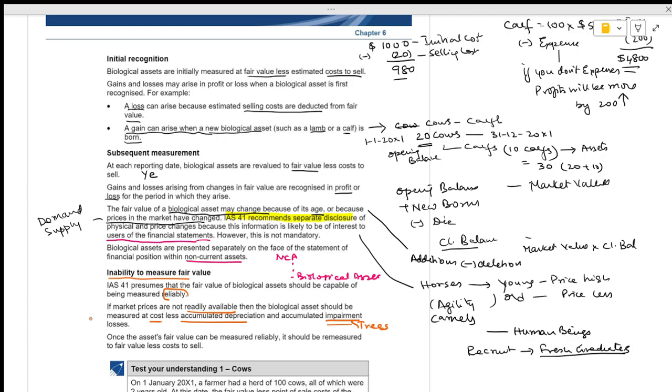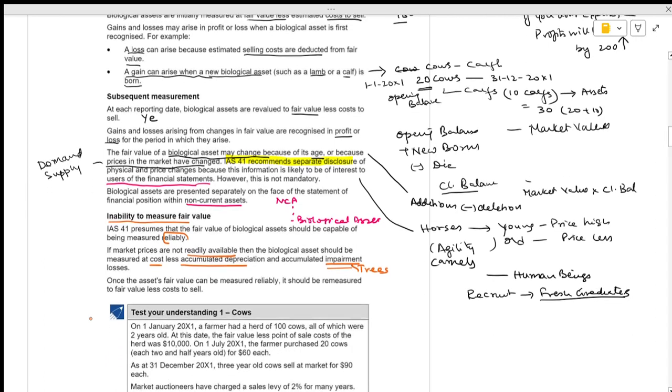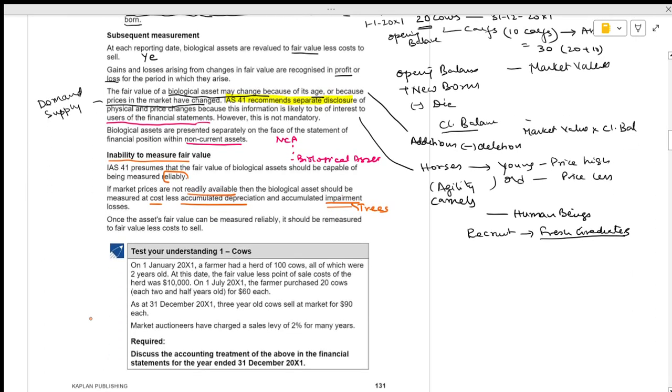Wherever there is an infinite life, we use the concept of impairment. Now, once the fair value can be measured reliably, it should be remeasured at what? There is a blanket understanding that it is fair value less cost to sell.